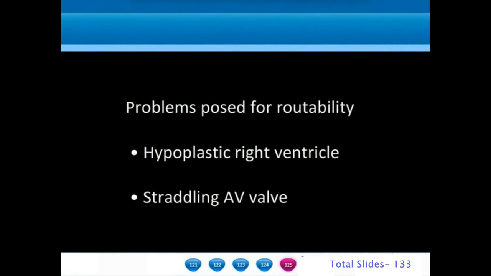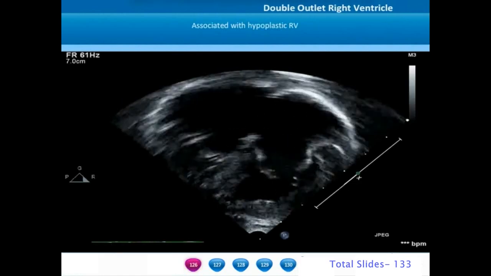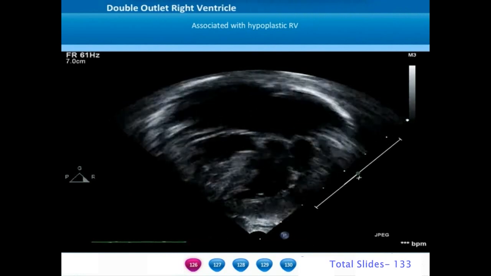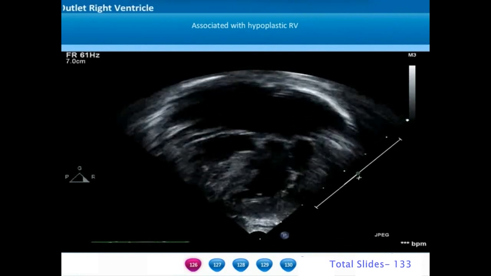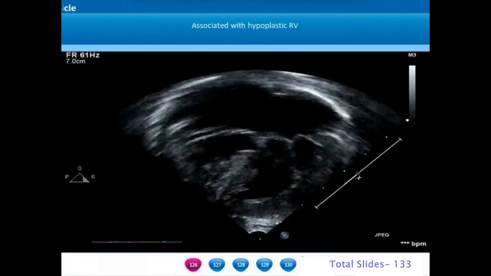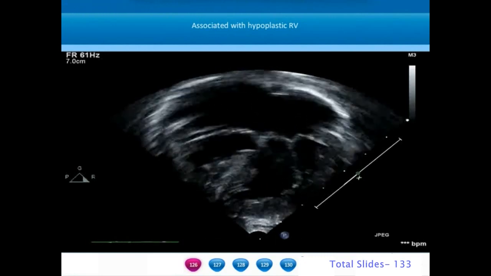Straddling atrioventricular valves is yet another reason that may pose problems for routability of ventricular septal defects. Apical 4-chamber view of this patient with large secondary atrial septal defect and a remote ventricular septal defect, we can notice that there is a right ventricular hypoplasia.